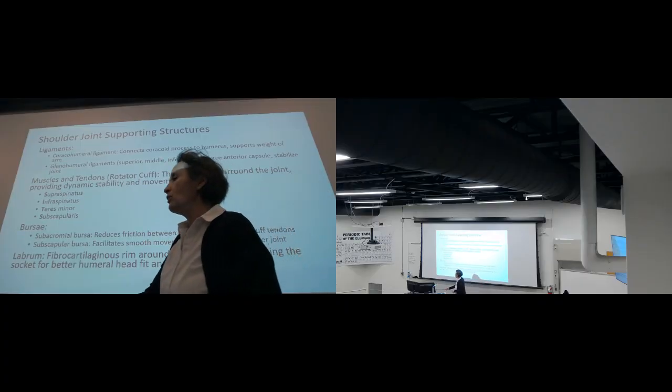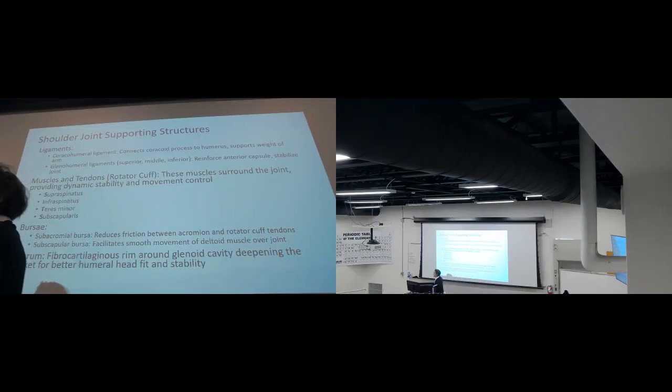Now, not only in the glenoid cavity, but also in the acetabulum, we have a rim of cartilage that surrounds these cavities that is called the labrum. So, especially here in the glenoid cavity, we need to have a labrum or a pad of cartilage that looks almost like a half moon.